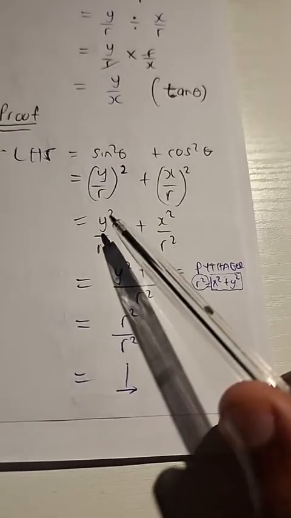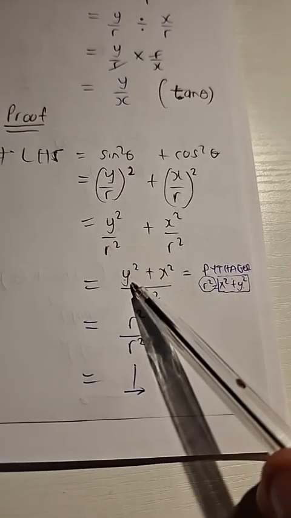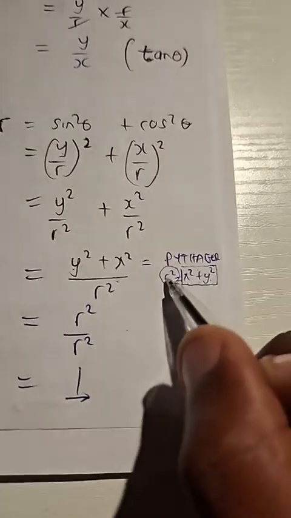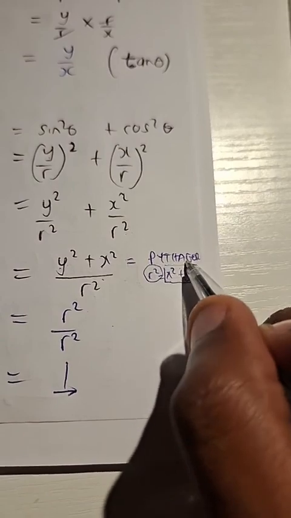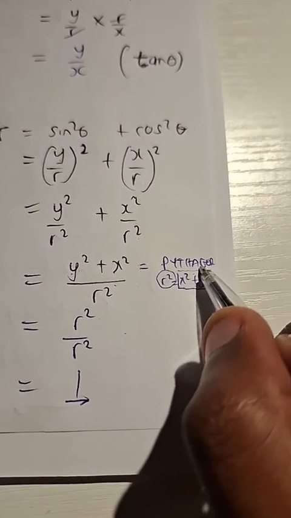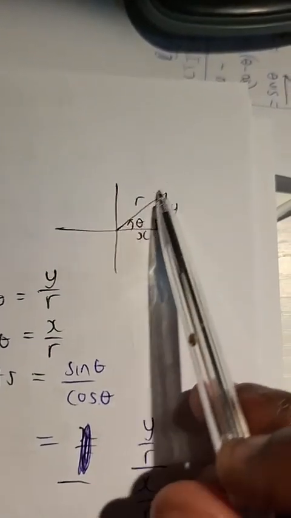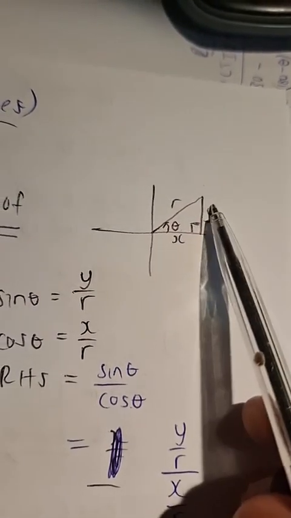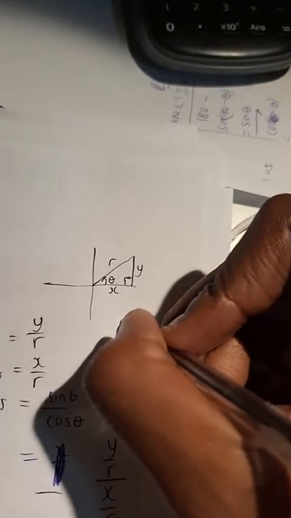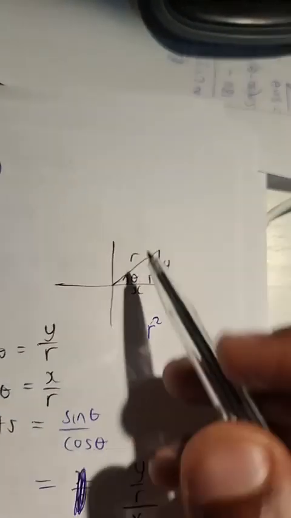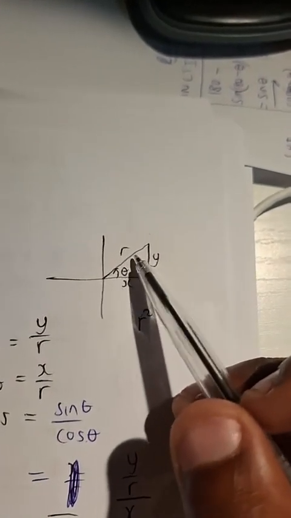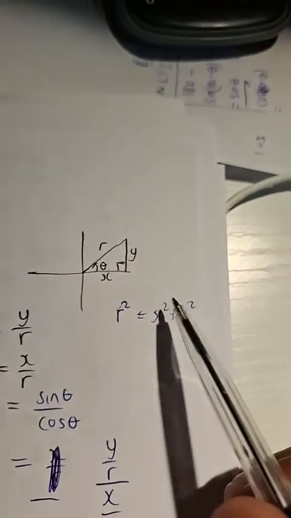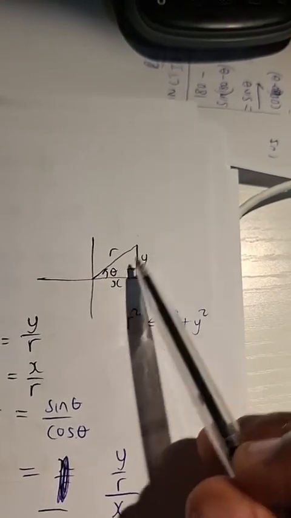Okay, then what is y squared plus x squared? Y squared plus x squared is equal to r squared. Why? Remember Pythagoras? Pythagoras says the square of the hypotenuse side is equal to the sum of the squares of the other two sides. In other words, when we apply Pythagoras, the square of the hypotenuse, being the r, is equal to the sum of the squares of the other two sides, x squared plus y squared.